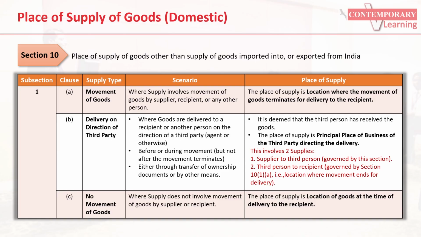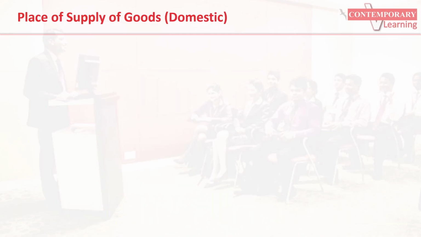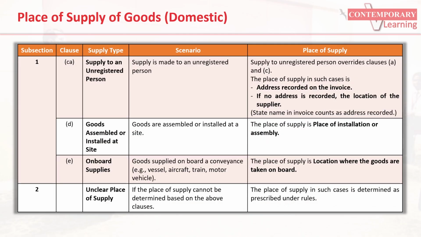For supplies without movement, it's straightforward. The place of supply is where the goods are located when delivered. Now, clause CA has special rules for unregistered persons. We also have provisions for goods assembled on-site and on-board supplies.